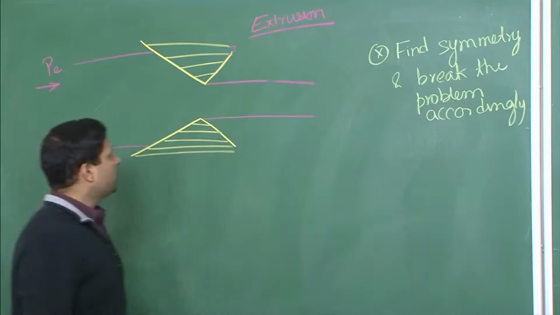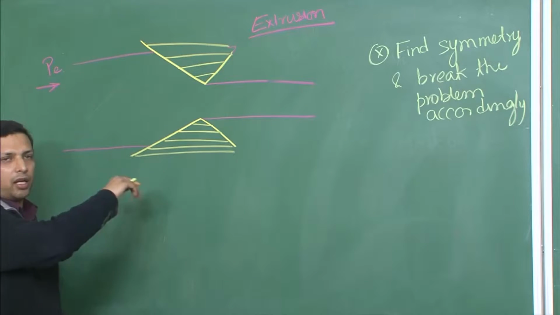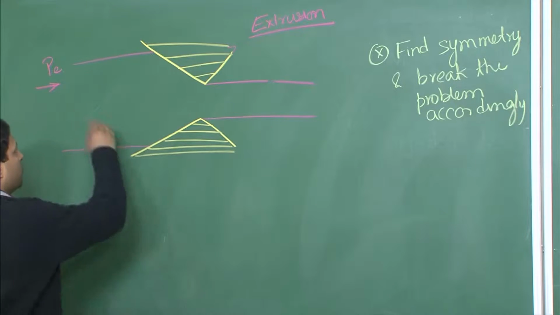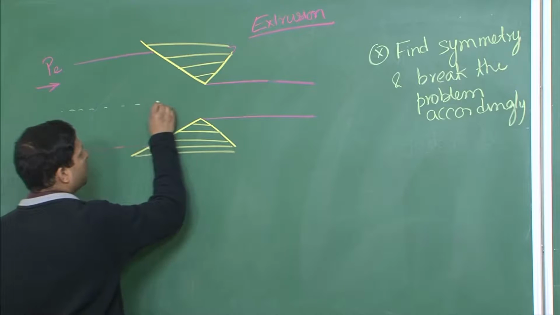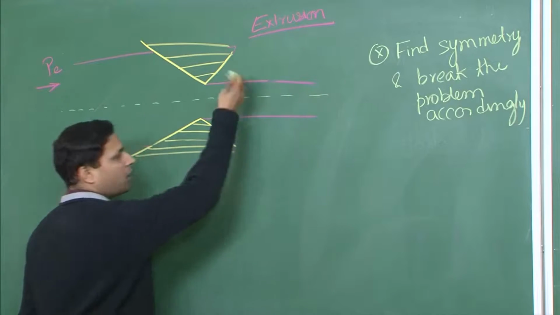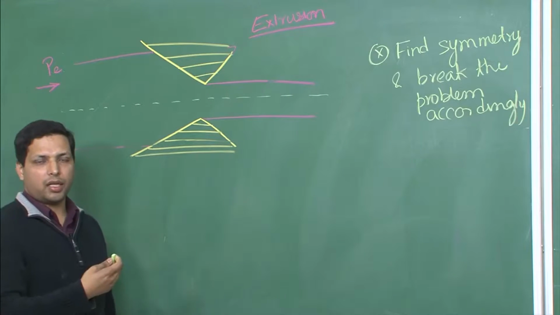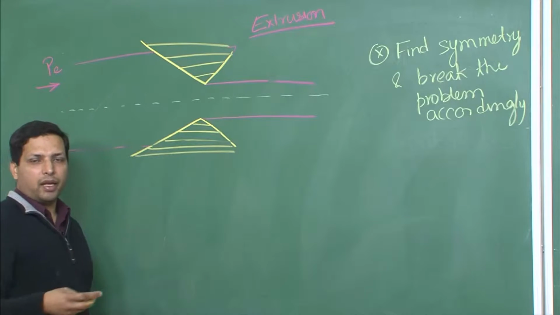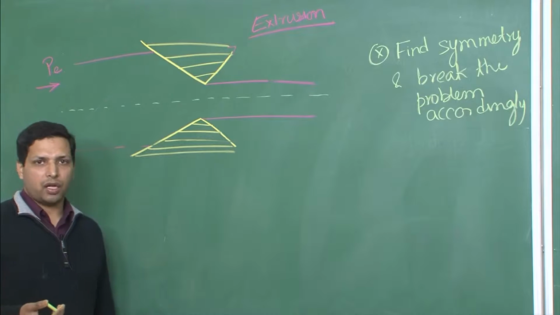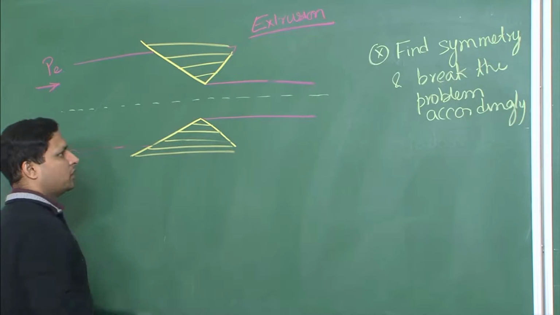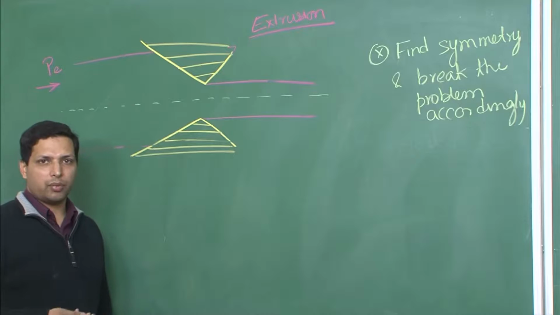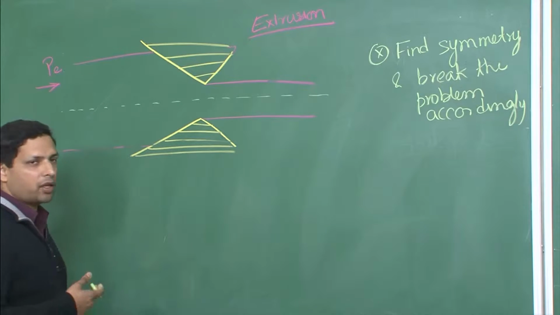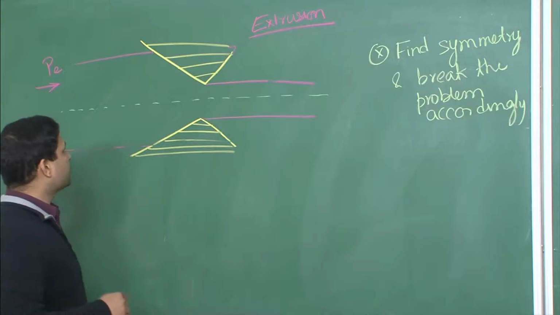In this context, what it means is this is symmetric around which plane? It is symmetric around this plane. So, what we will do is we will only consider one half. Now, whatever happens in the one half will also be occurring in the other half. So, all our solution would be valid even if we calculate only for one half. Now, we cannot reduce this problem to any more simple geometry. We do not see any more symmetry over here. So, we will continue with this.